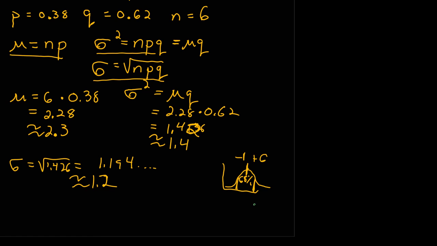Well, 68% is a good numerical value for most. And so for that last question, what can we say? Well, we can say that 2.3 plus or minus 1.2 is most of the results.